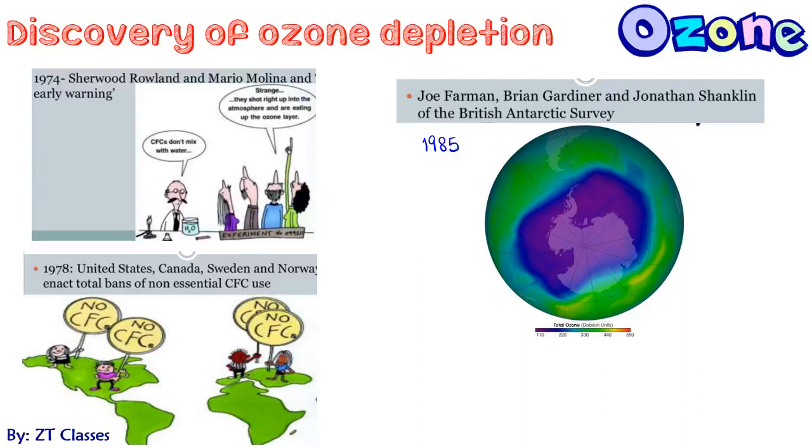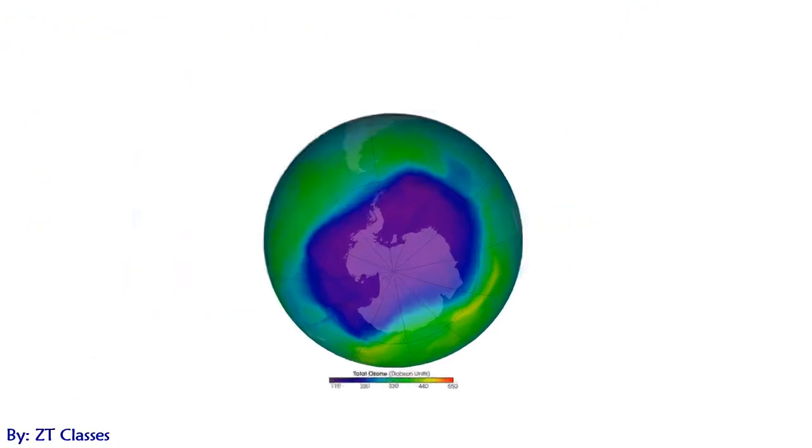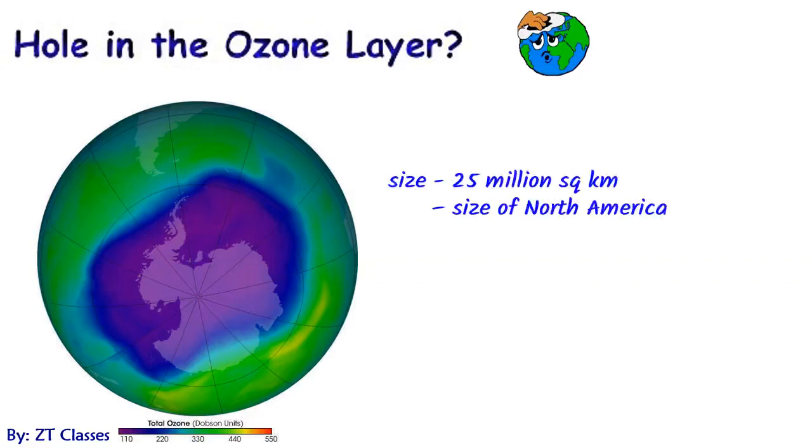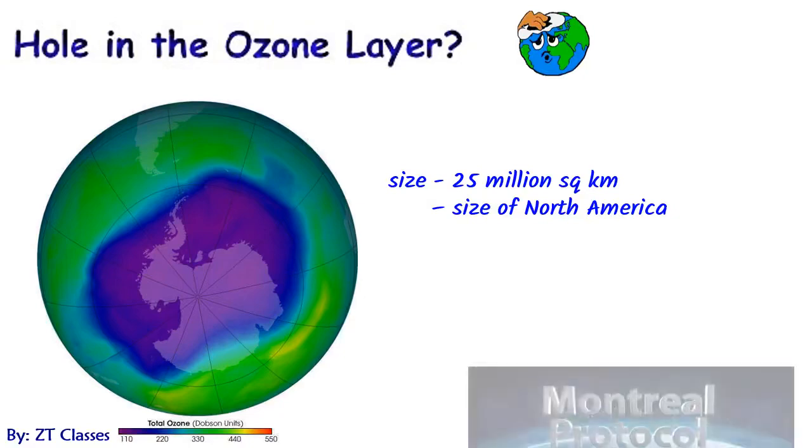It was an eye opener for them that the ozone layer has a big massive hole. In fact, this massive hole was the size of North America, and this discovery was an eye opener, scary, and this led to what we call the Montreal Protocol.